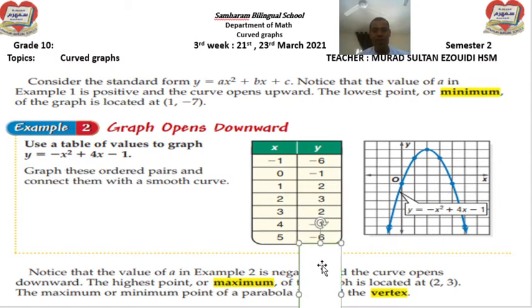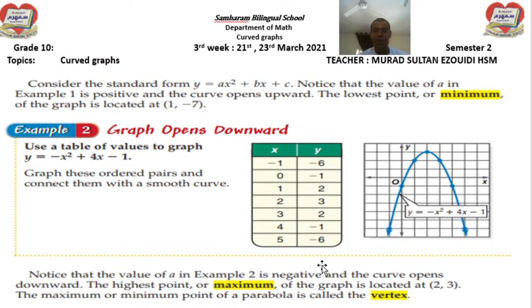Clear? Okay, now we will erase this. Now the curve, we said that the curve should be like that. It's open downwards. Why? Simply because the equation is -x squared plus 4x minus 1. To plot these points, we take each ordered pair of numbers, x, y: -1, -6.